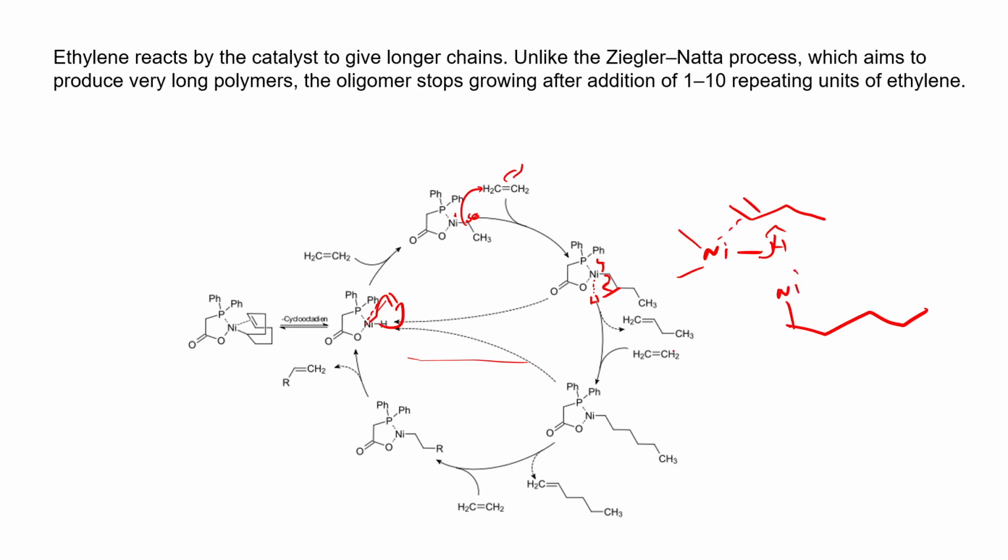Now the second, and the third ethylene unit incorporates and reacts like this in the same process. This is formed and again beta hydride is there, agostic interaction.